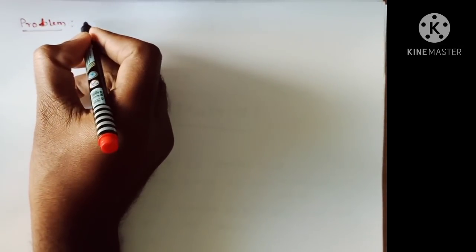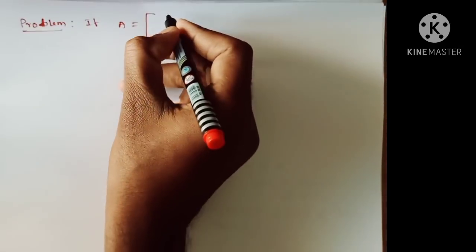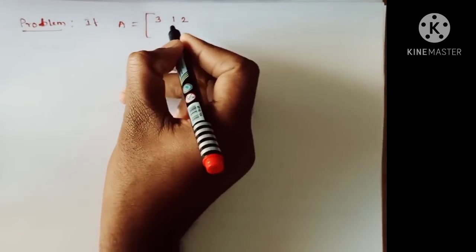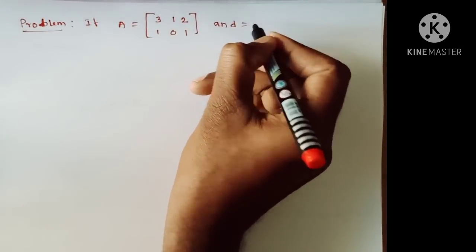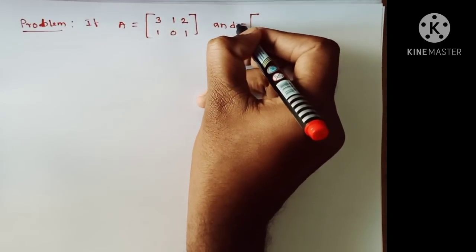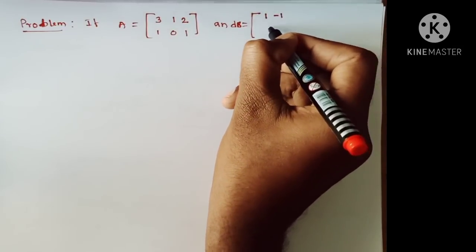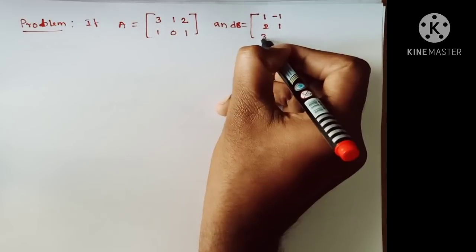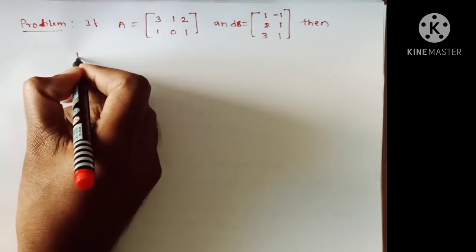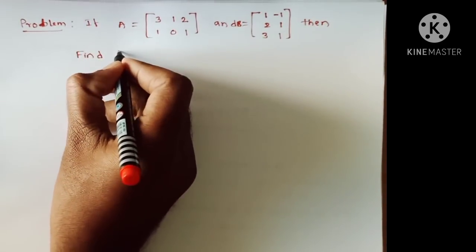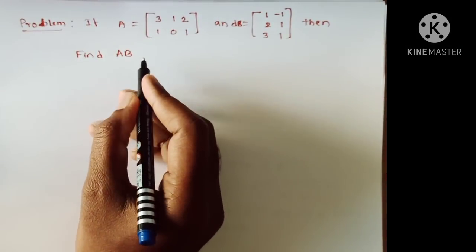If A is equal to the matrix with rows 3 1 2 and 1 0 1, and B is equal to the matrix with entries 1 minus 1, 2 1, 3 1, then find AB. Finding AB means finding the product.